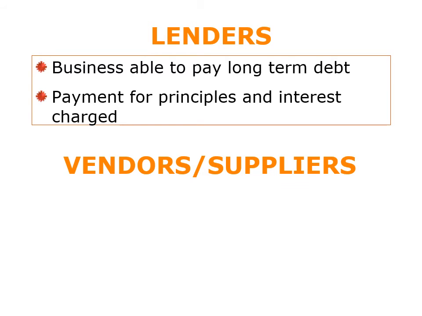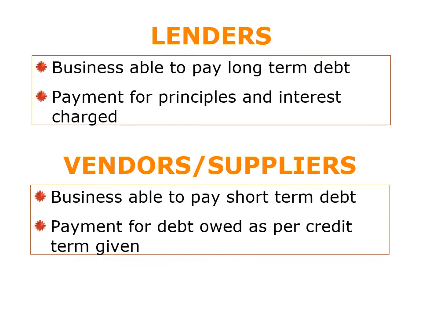However, for vendors and suppliers, it involves whether the business is able to pay the short-term debt. So the payment of the debt owed should follow the credit terms that are given to the business.